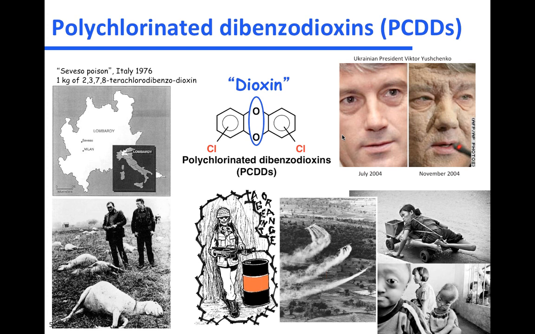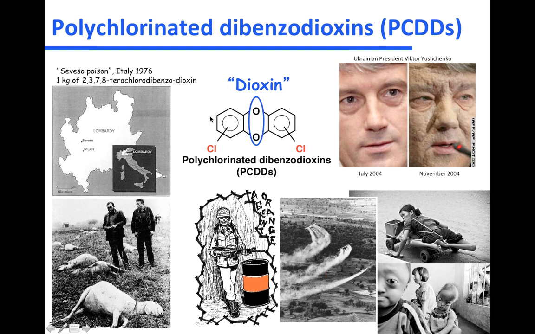So you have two benzene rings that are substituted with chlorine substituents. And these two benzene rings are bridged with two oxygens. So that's why we also call these chemicals, I mean, it's kind of a jargon abbreviation, dioxins. But it would be more correct to talk about PCDDs, polychlorinated dibenzodioxins.